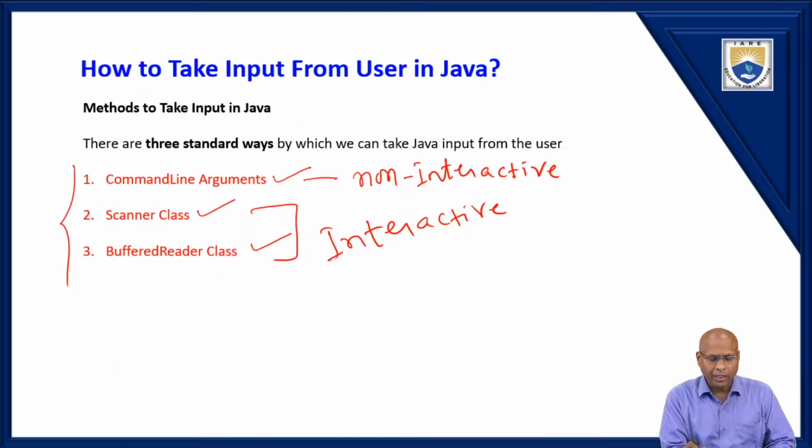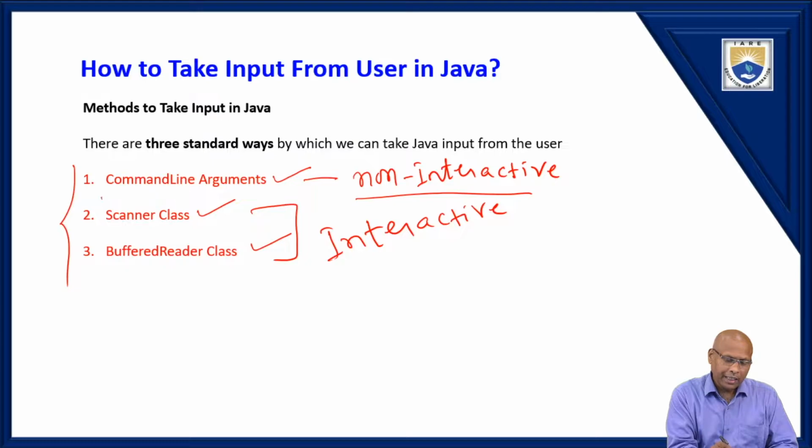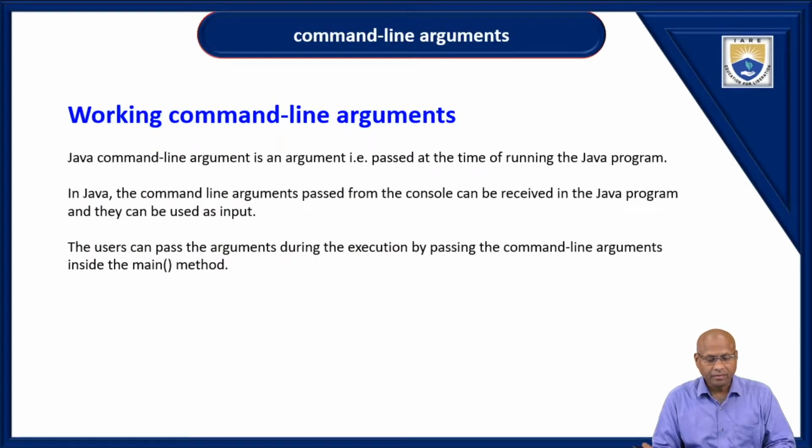First we'll go to the non-interactive way. That means reading from the command prompt. Whenever you read data at the command prompt directly, when the program is executing, that technique is called the command line argument technique. A Java command line argument is an argument passed at the time of running the Java program.